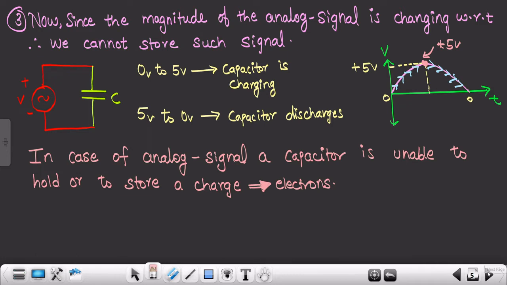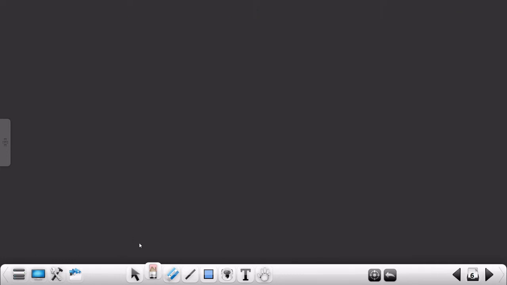So the fourth point is high noise is produced during processing of analog signal.